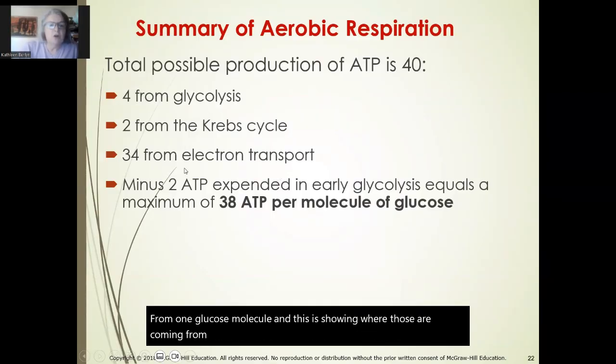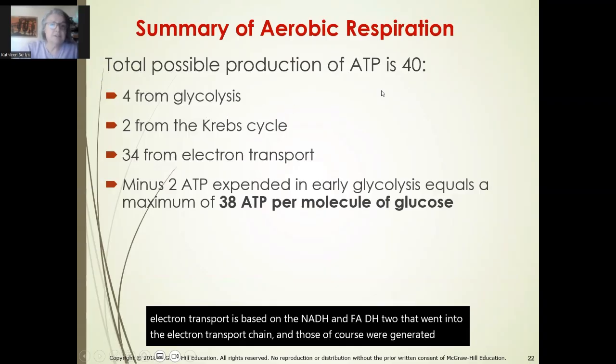Now, remember, all of these ones coming from the electron transport is based on the NADHs and FADH2s that went into the electron transport chain. And those, of course, were generated in glycolysis and the Krebs cycle.